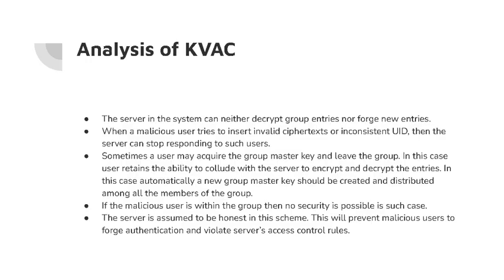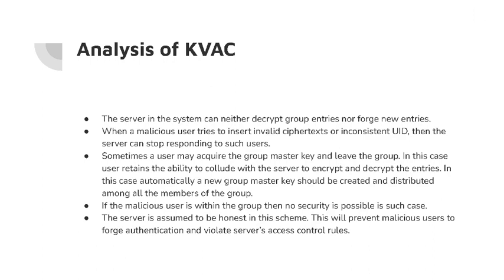Now, in the analysis of KVAG, the server in the system can neither decrypt group entries nor forge new entries. When a malicious user tries to insert invalid ciphertext or inconsistent UID, the server can stop responding to such users. Sometimes a user may acquire a group master key and leave the group. In this case, the user retains the ability to collude with the server to encrypt and decrypt entries.